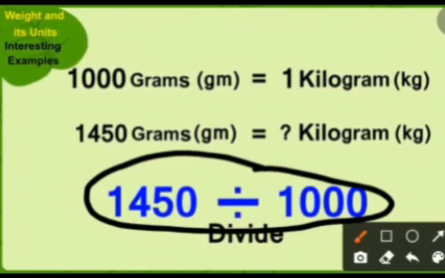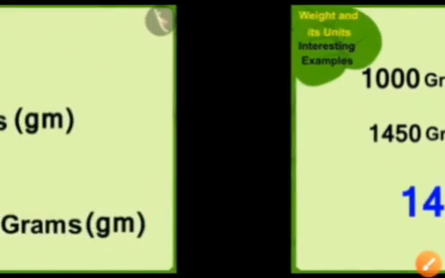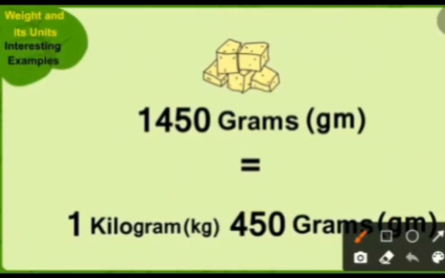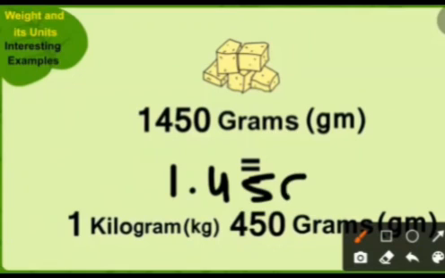Means answer is 1.450. 1450 grams is equal to 1.450 kg, means 1 kilogram 450 grams.